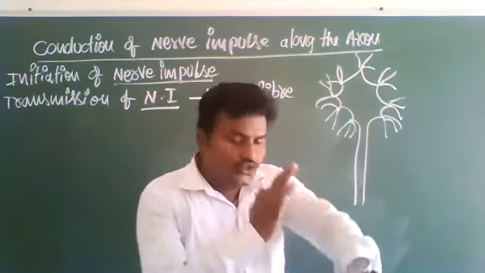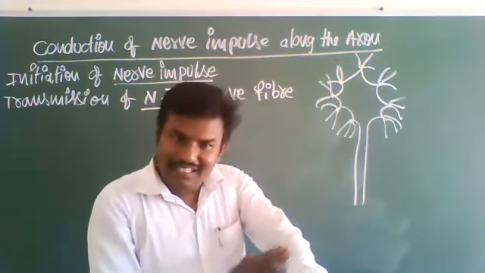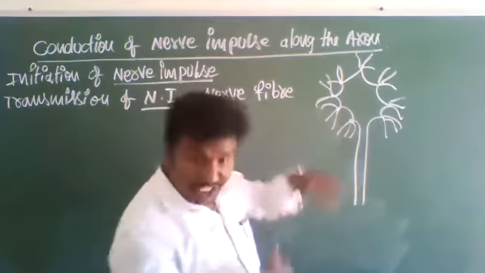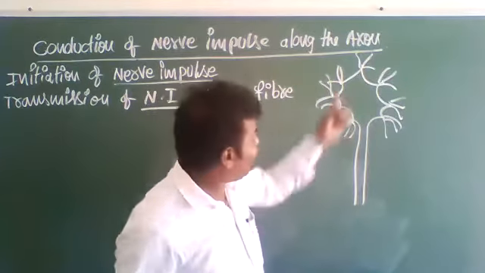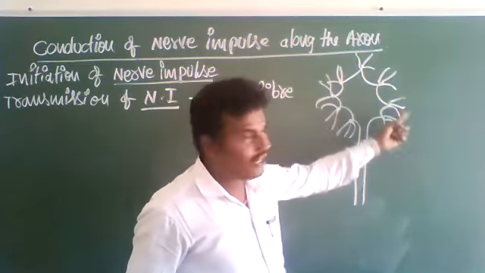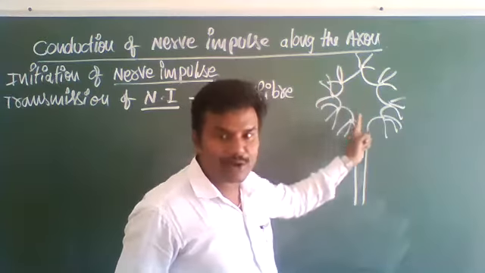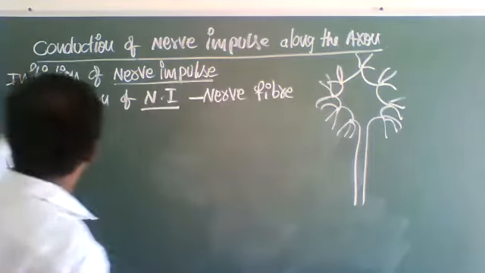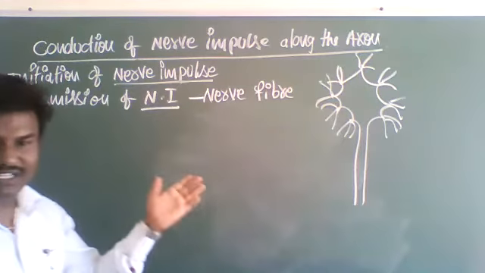When we apply stimulation, initiation, then the nerve impulse is started. The nerve impulse is initiated, received by the neurons, then runs to the cell body to the axon or nerve fiber. Okay, initiation. Next, transmission.